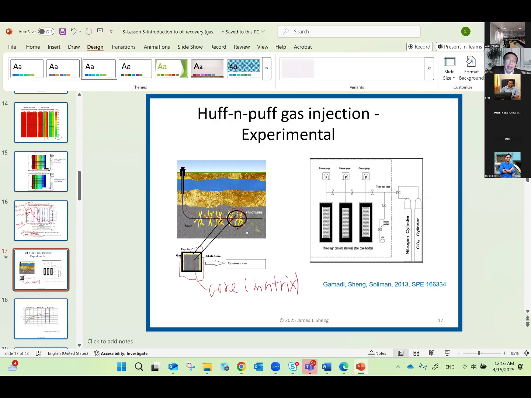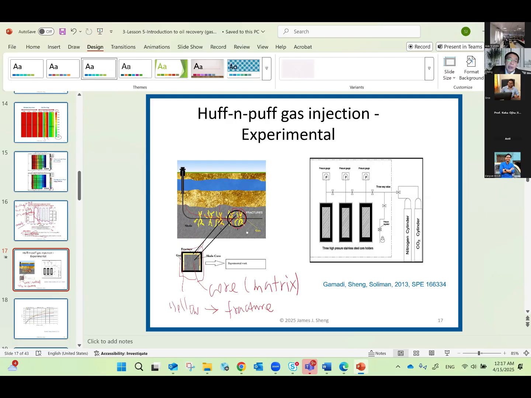But then you have a space between the core and the container, right? This yellow space represents fracture because there's a space between the core and the container. Then we inject gas in the yellow area, it's kind of injection, right?